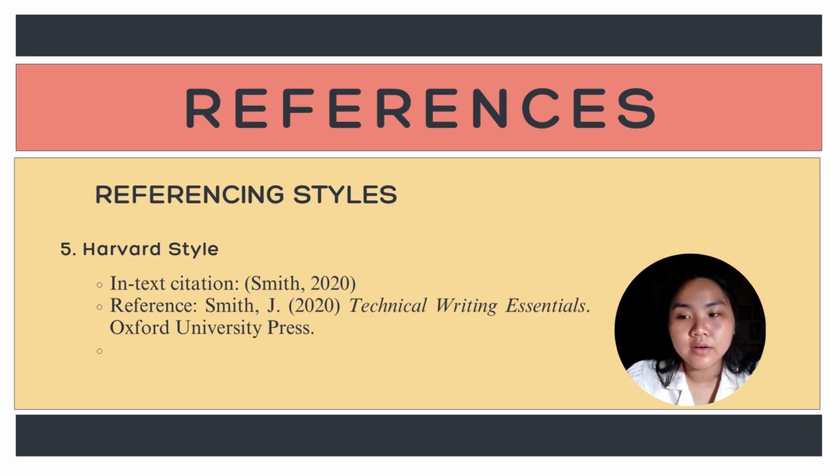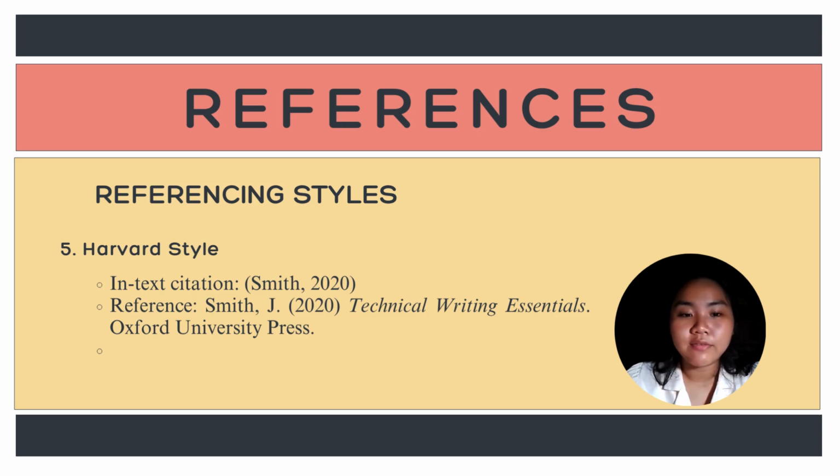Next, we have here the Harvard style. These are commonly used in business and sciences, closely resembling APA with slight formatting differences. For the in-text citation, we have the author's surname, followed by the year.